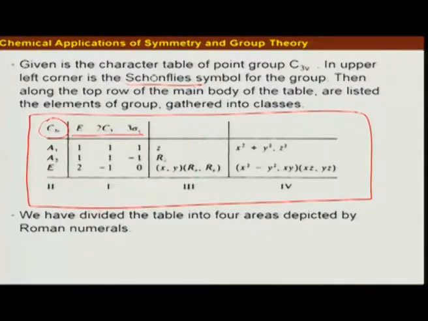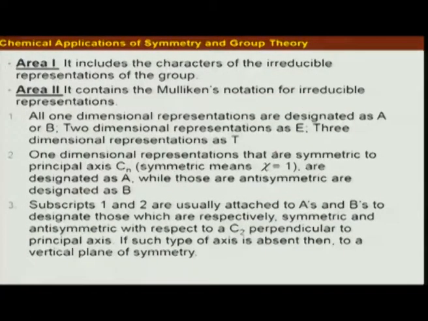Then we have the characters, then certain other symbols, and some linear or non-linear functions in different areas, which we have classified as area 1, area 2, area 3, area 4, and so on. We will talk about these detailed divisions of the character tables and learn those things in a bit greater detail. So first, area 1.